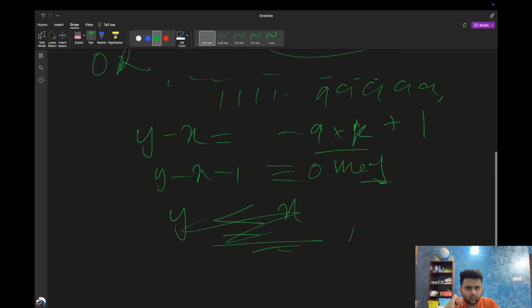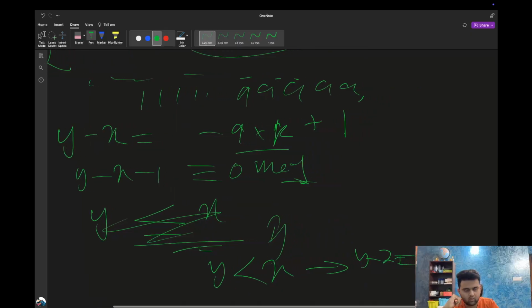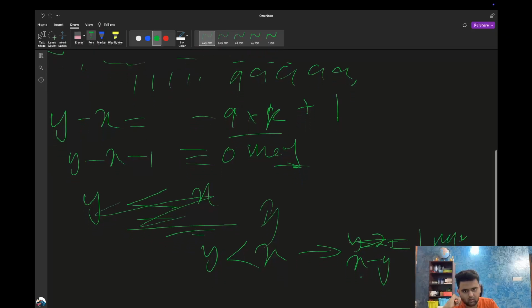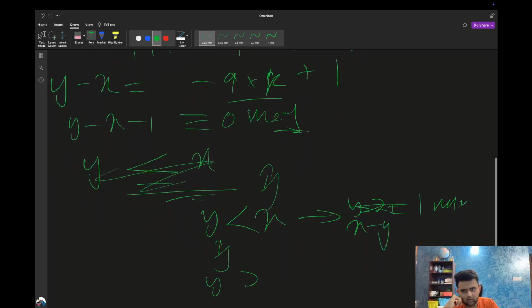Okay, so if y is less than x, then y minus x is congruent to 1 mod 9, x minus y. If y is greater than x, then x plus 1. Or yeah, x plus 1.